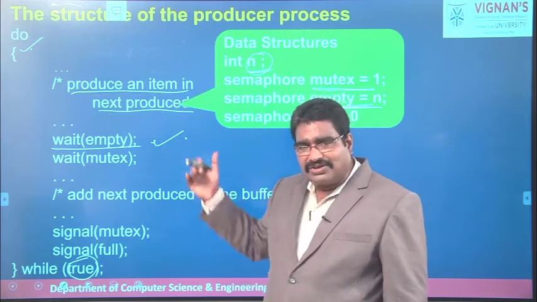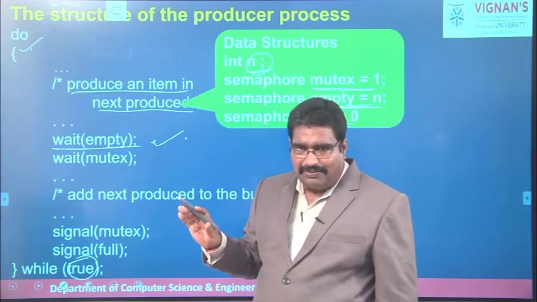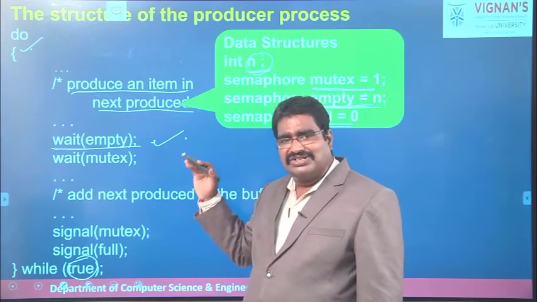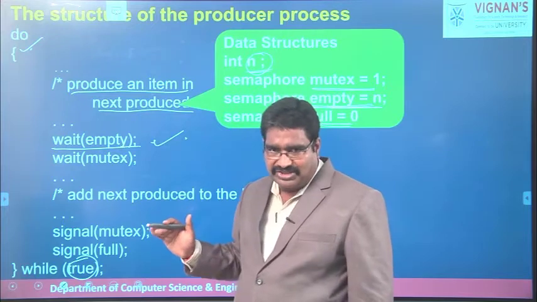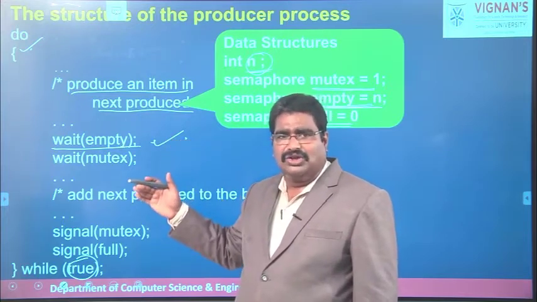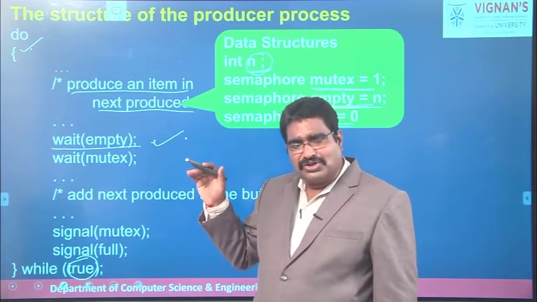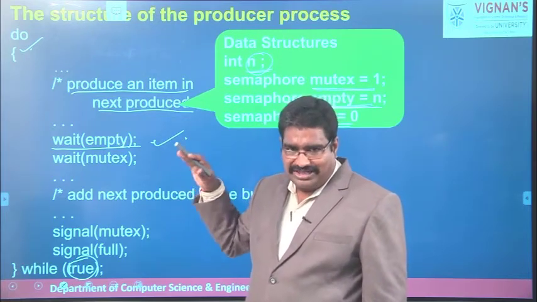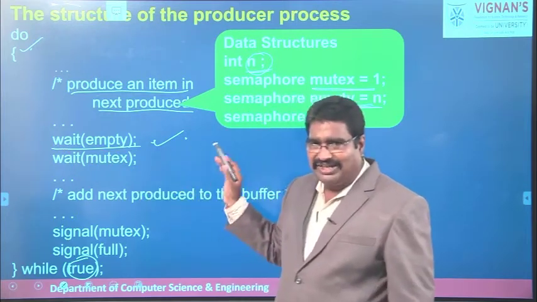When the control comes out of the wait function, it means a free space is available. That is, if the empty value is greater than 0, it is decreased by 1 and comes out of the wait function. If the empty value is equal to 0, the process never comes out of the wait function. That is, the producer process needs to wait until free space is available. That condition is simply achieved using wait empty.